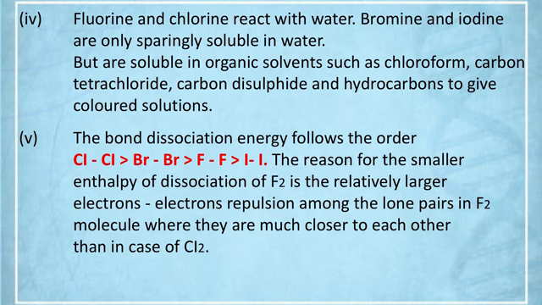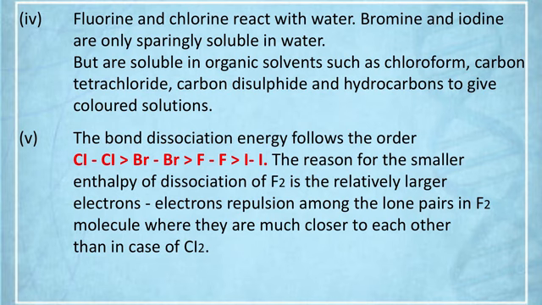It's the Van der Waals force of attraction. Van der Waals force of attraction is directly proportional to size. So as the size increases, Van der Waals force of attraction increases, and melting point and boiling point increase. So melting point and boiling point show increasing behavior down the group. Iodine has the highest boiling point and fluorine the lowest boiling point. It is displayed on the TV screen. Once again, you can have a look here.